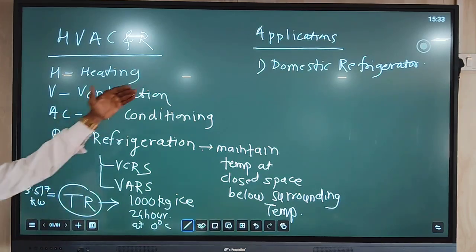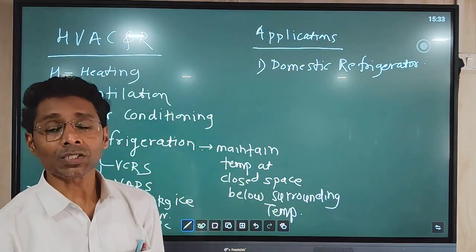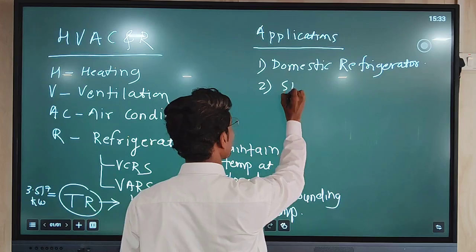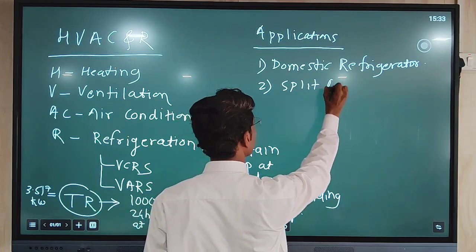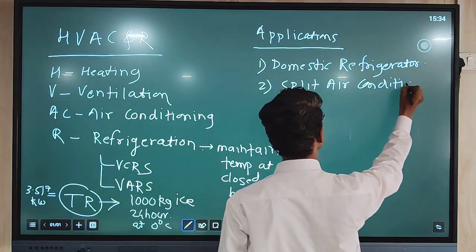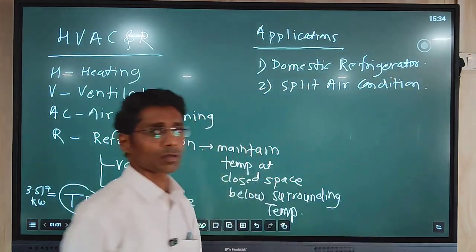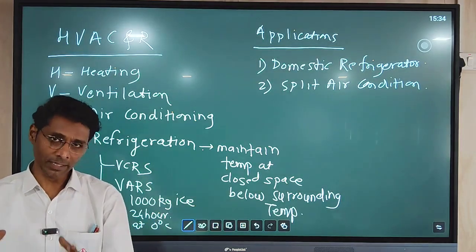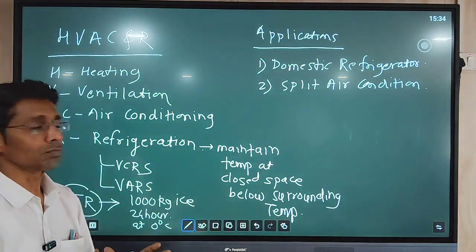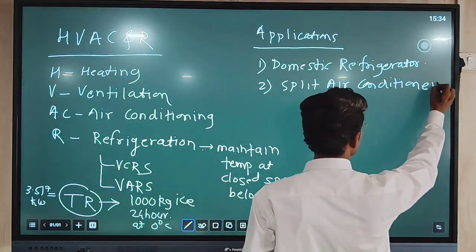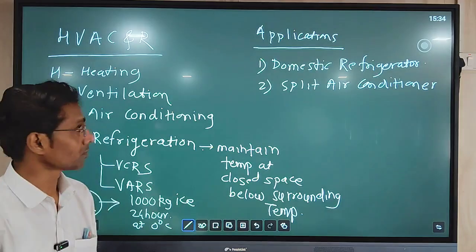So all the domestic applications, for example this domestic refrigerator, the split air conditioner which we use in a home or office, for example for a room of 10 feet by 10 feet by 10, the split AC is used for cooling of air.